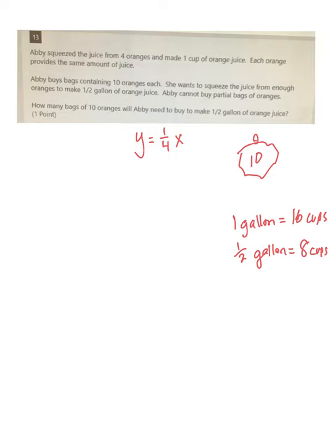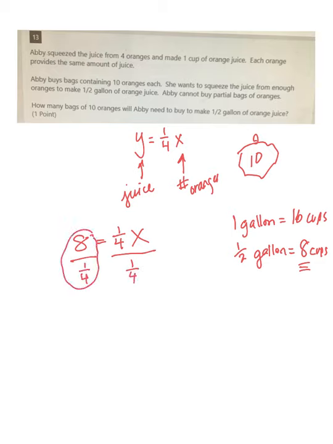So we can use our formula. Remember, X was the number of oranges, and Y was the amount of juice. Well, we know the amount of juice that we need, 8 cups. So we're going to substitute 8 for the Y, and now we have to figure out what X is. So 1/4 times some number is 8. So to figure that out, we're going to divide both sides by 1/4.